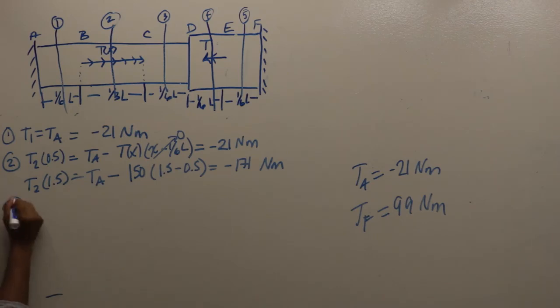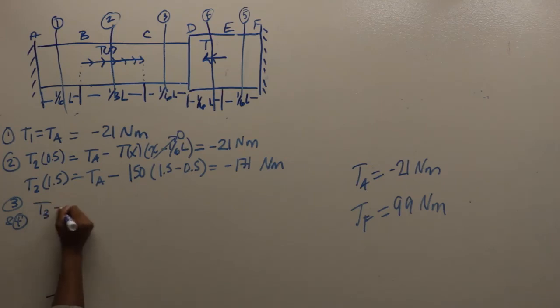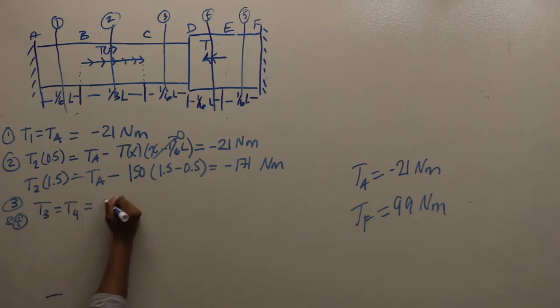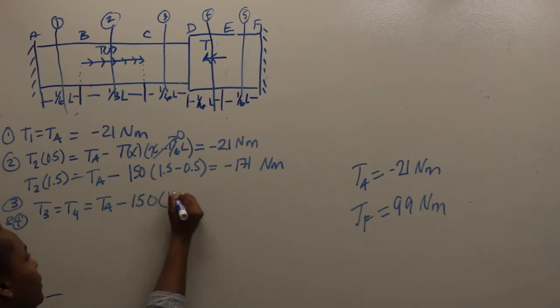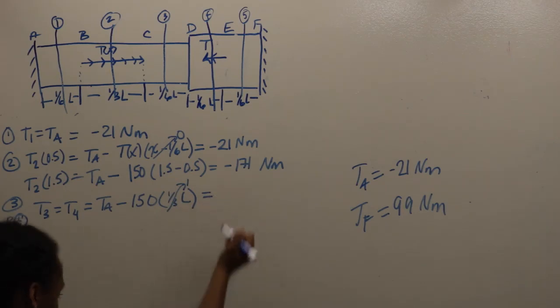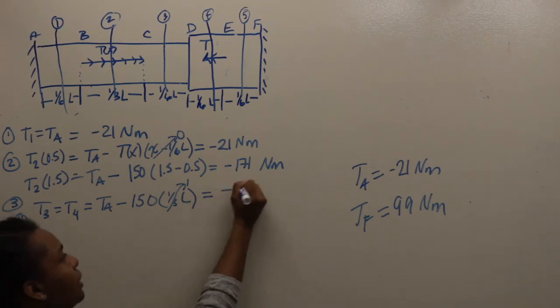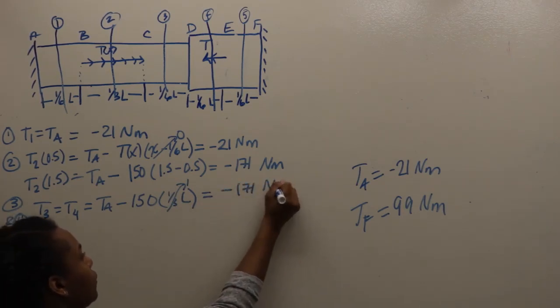So for the third cut and the fourth cut, because they are equal, the internal torques are equal. T3 equals T4, which equals TA minus 150 times 1/3 L, where L equals 1. So this equals negative 171 Newton meters.